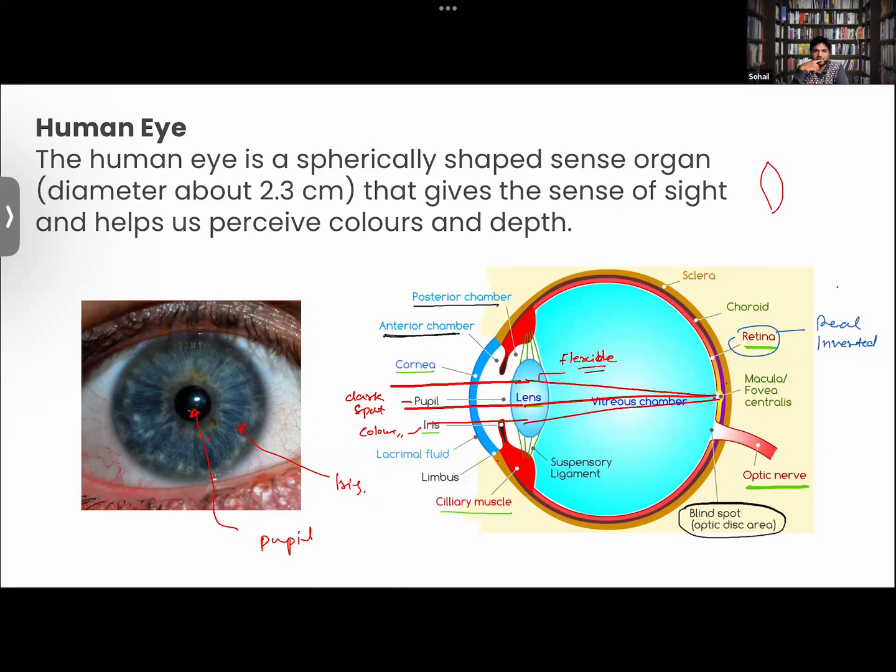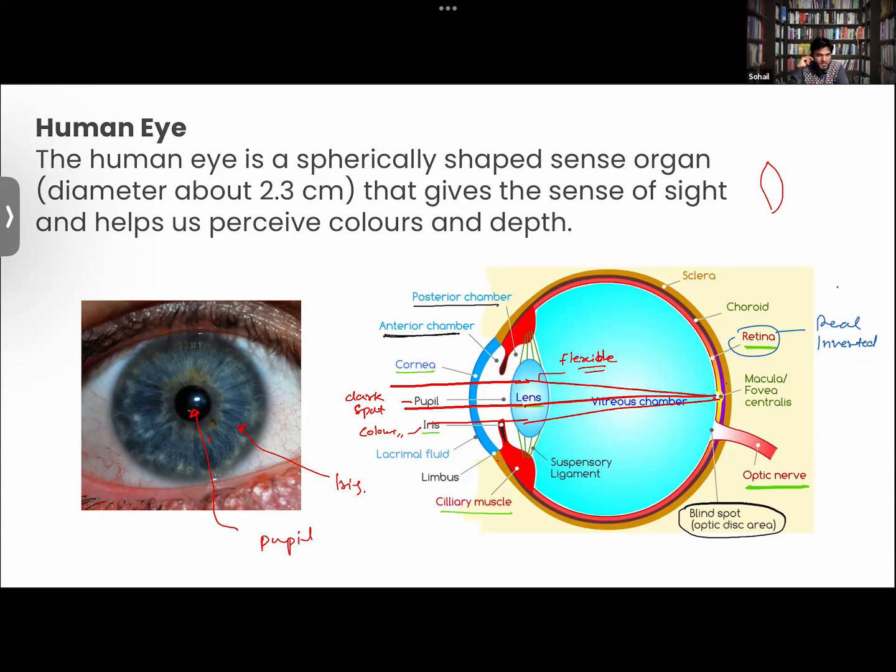See, contracted basically means what? Contraction here means that it will be stretched. So then it is correct. Also, the pupil is nothing but the hole at the center of the iris.